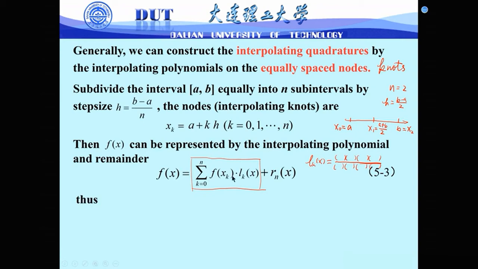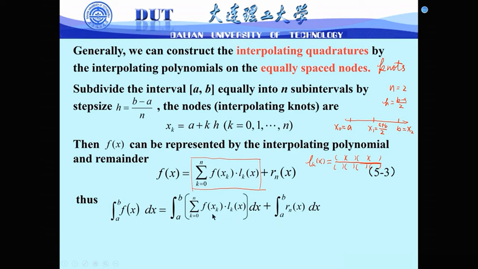Now that means we can use the polynomial to approximate f(x). Of course, we can use the integral of the polynomial to approximate the integral of f(x). So the integral of f(x) equals the integral of this polynomial plus the integral of the remainder term.